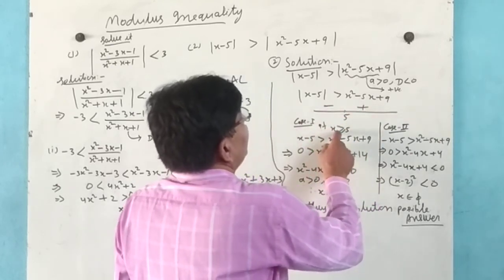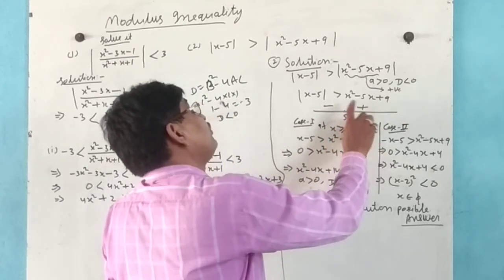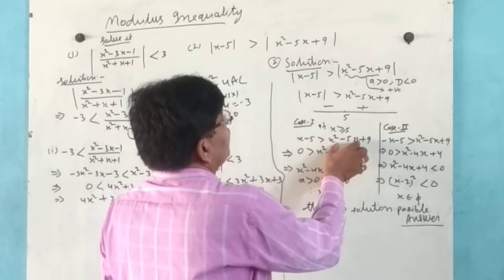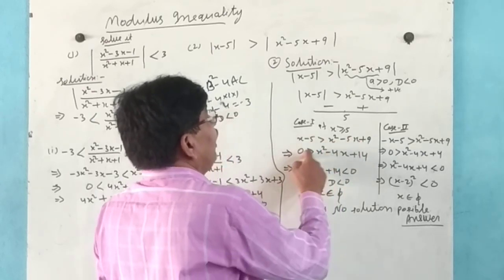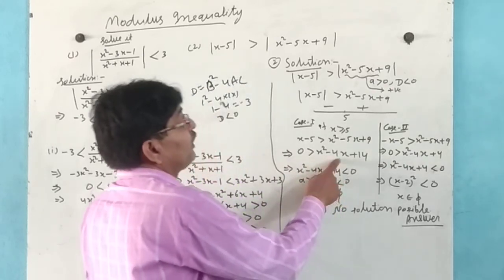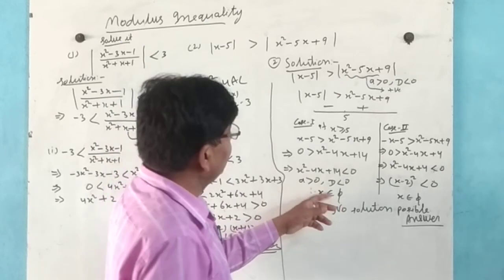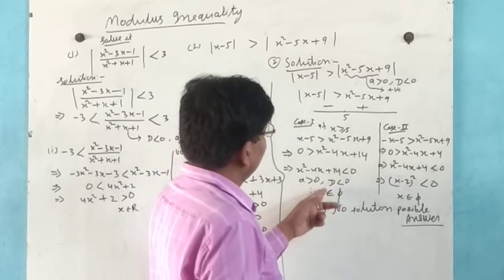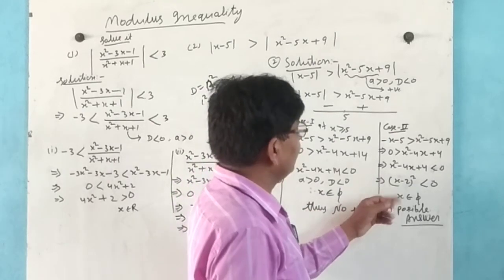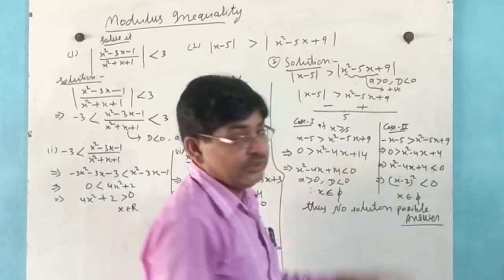Here if x is greater than or equal to 5, in this case x minus 5 is equal to this, and after changing the side we get x square minus 4x plus 14. After factorizing, there is no real term, this is equal to 5 and here also 5, thus no solution is possible in this case.